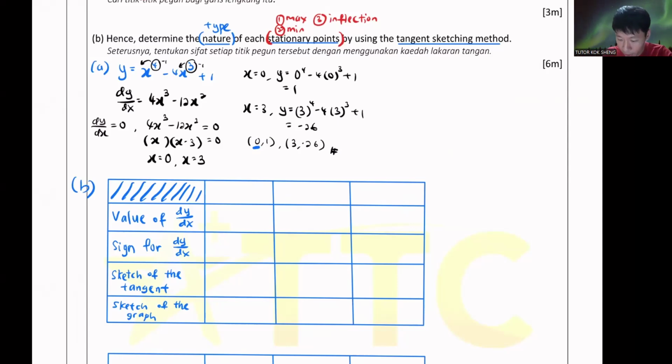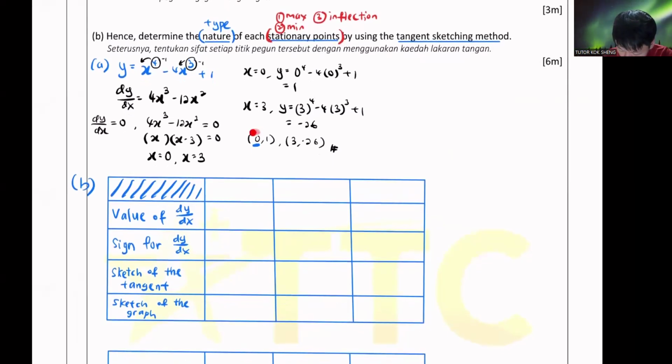Repeat it again. So this x is 0, so you have to put a 0 inside the table in the middle here. For the other two, you have to fill in a number lesser than 0 and bigger than 0. Any number.